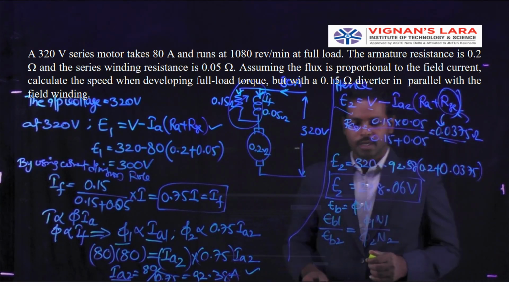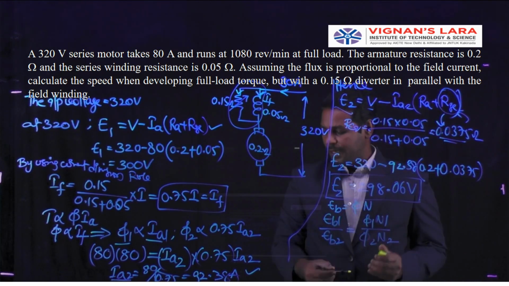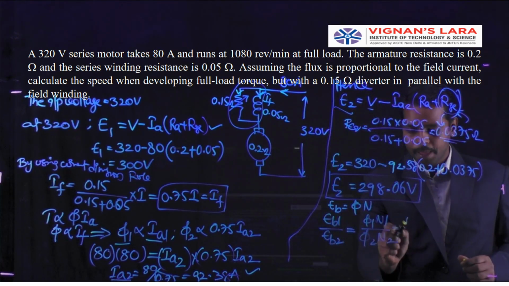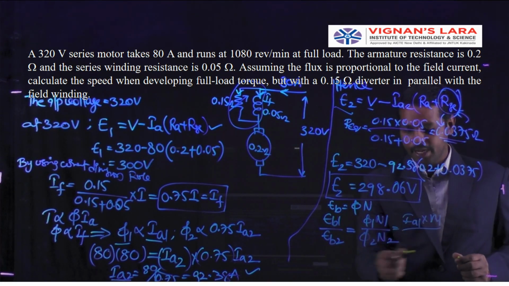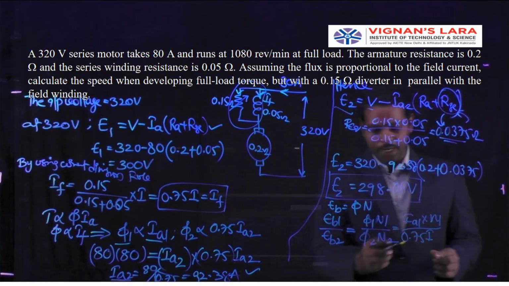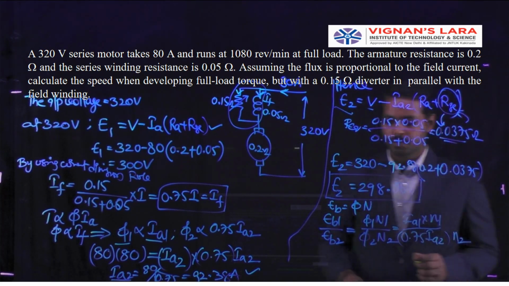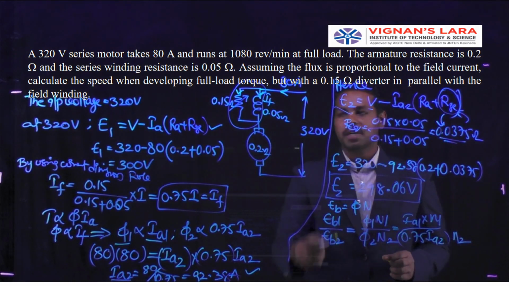But in this, flux is always directly proportional to field current, so this equals Ia1 into N1 divided by 0.75 Ia2 into N2.